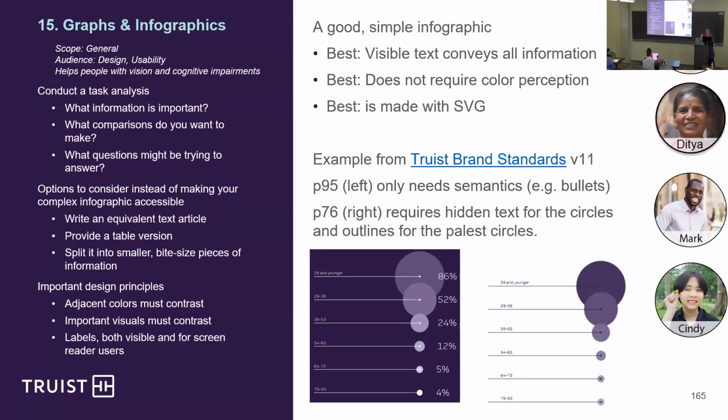Graphics and infographics. If you want to learn about that, I'm sorry, Doug Schepers has been talking about this all day somewhere else in this building. That's a really long, advanced topic about how do you write text. I'm going to just touch on it very briefly, which is just that having visible text is better so that you don't have to deal with the non-text contrast. Make it an SVG and give it the right semantic titles and labels, rather than having images of text.